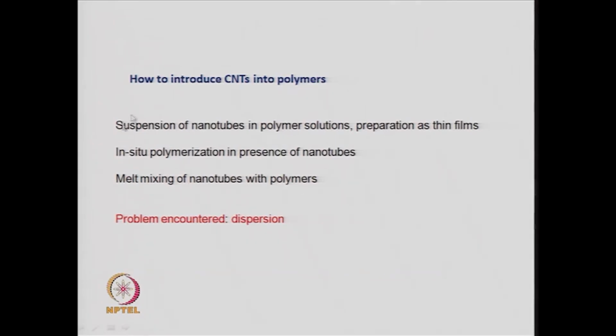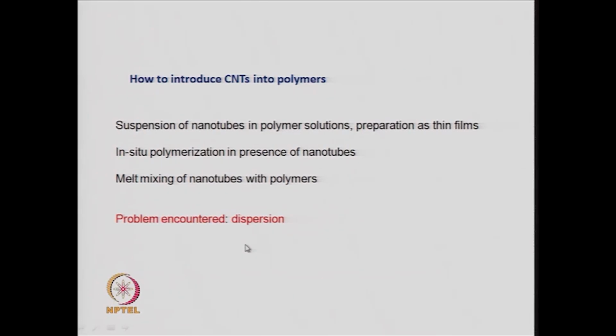And of course, you have to optimize. The best nanocomposite will be those where the dispersion is very high. That means the carbon nanotubes have to be dispersed very well throughout the polymer matrix, and the method chosen, depending on your polymer and your concentration, will determine this dispersion.